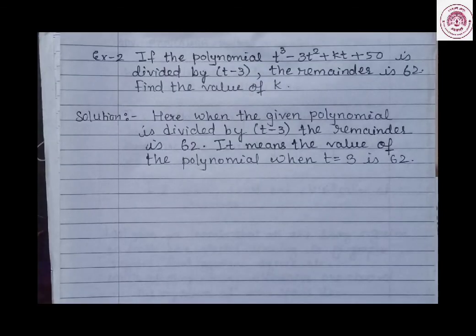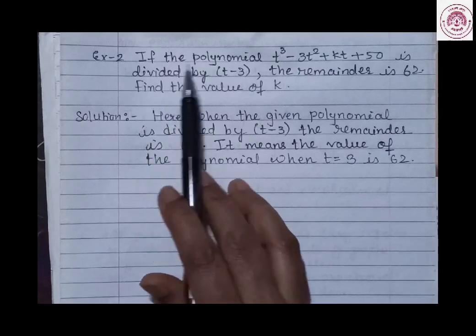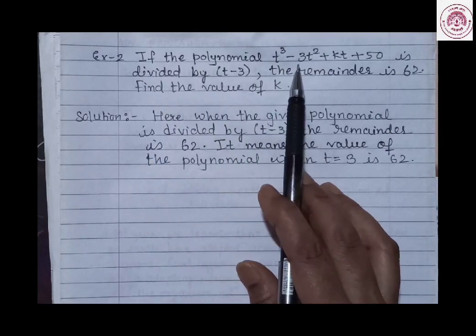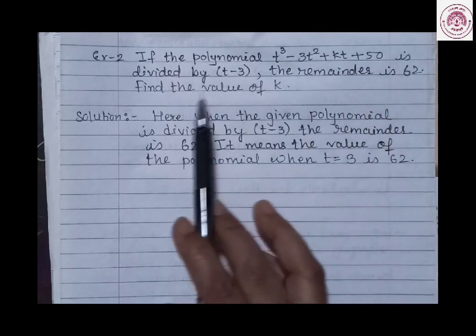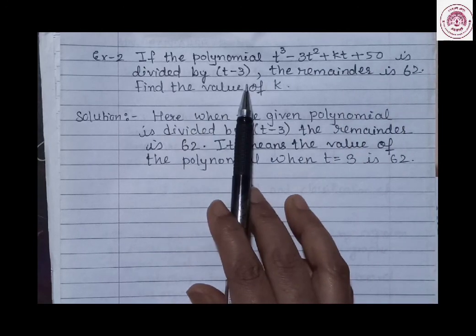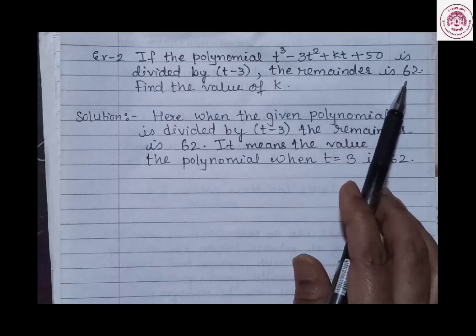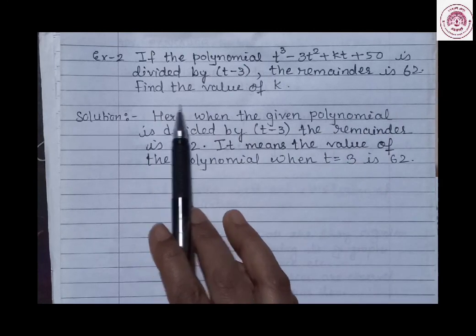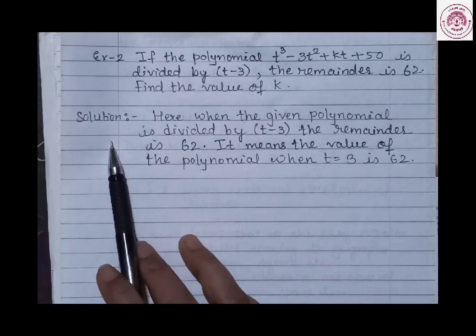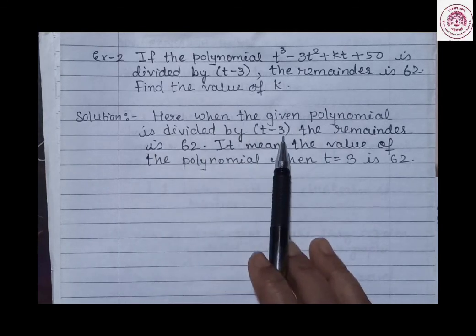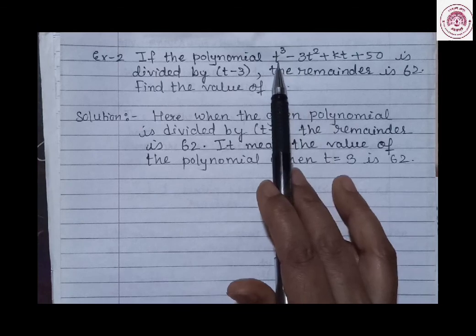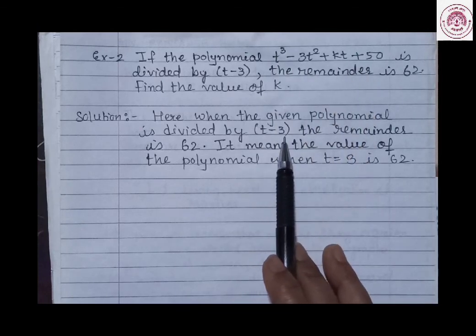Let's see one more example. If the polynomial t cube minus 3t square plus kt plus 50 is divided by t minus 3, the remainder is 62. Then find the value of k. Solution. Here, the given polynomial is divided by t minus 3.